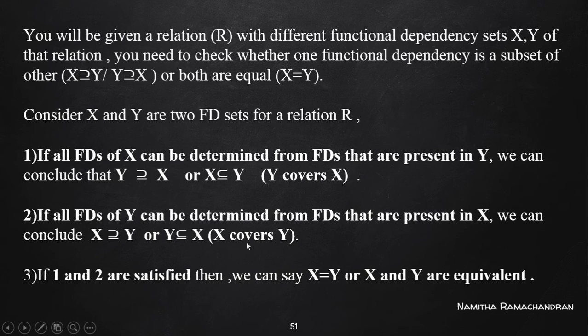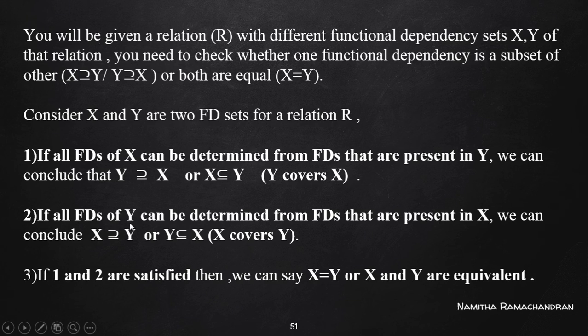In order to check whether X covers Y, what do we want to perform? We want to check all the functional dependencies of our subset. Which one is the subset? Y is the subset. All the functional dependencies of Y can be determined from the functional dependencies present in the superset. Which is the superset here? X is the superset here.